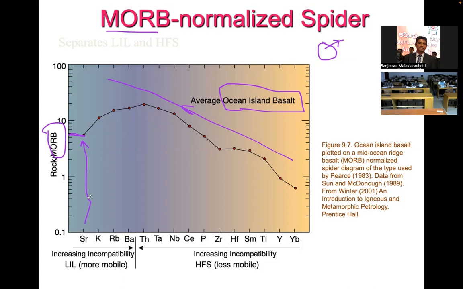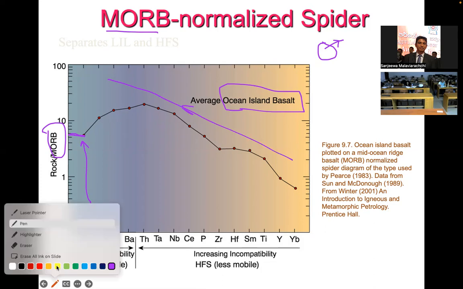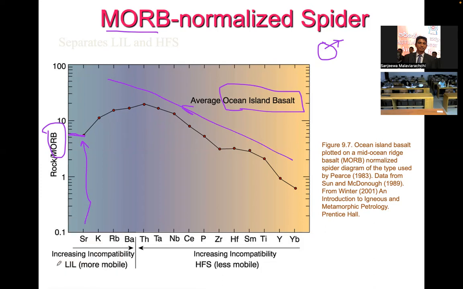So if you plot the MORB composition, mid-ocean ridge basalt composition, just for comparison, where would it be plotted there?